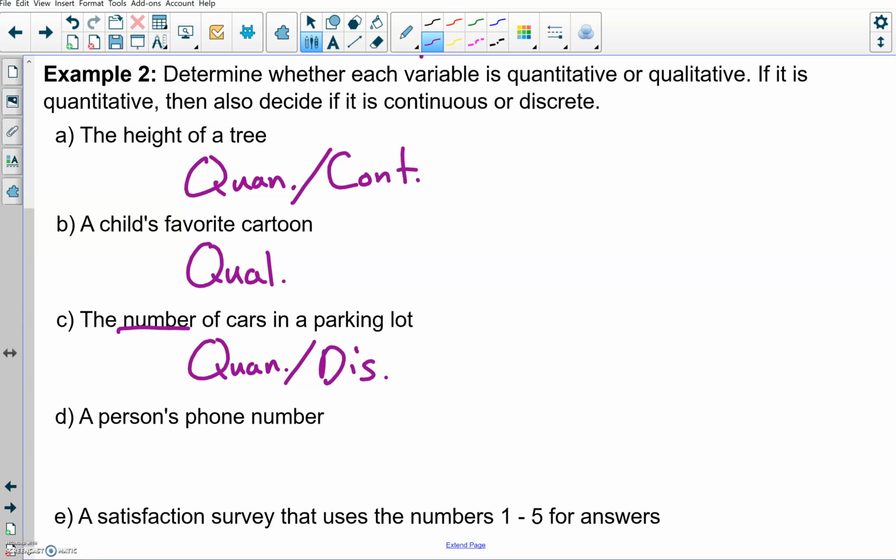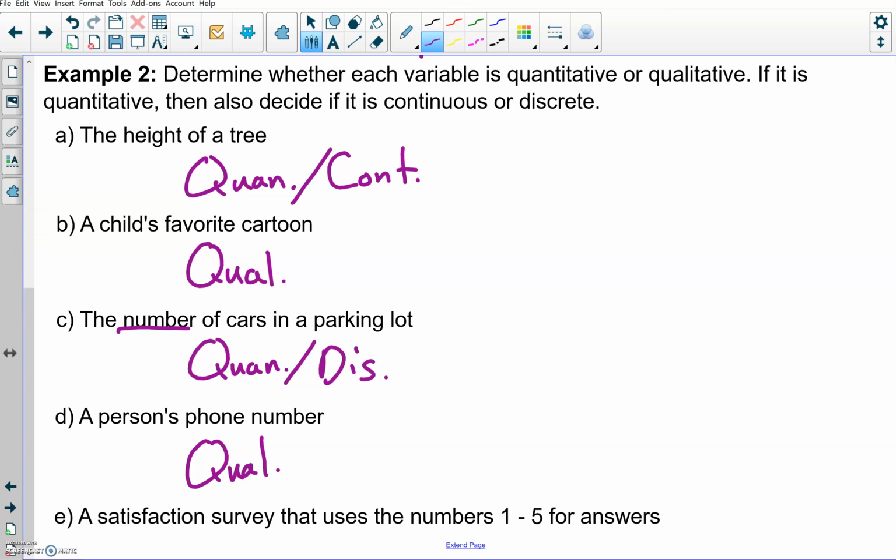So phone numbers definitely are not quantitative. They're a quality of a person. It's something attributed to you. It's like social security numbers, also qualitative. So anything that you're in debate with, ask yourself: if I add these together, will they have meaning? In this case, phone numbers will not, and this would be qualitative for sure.